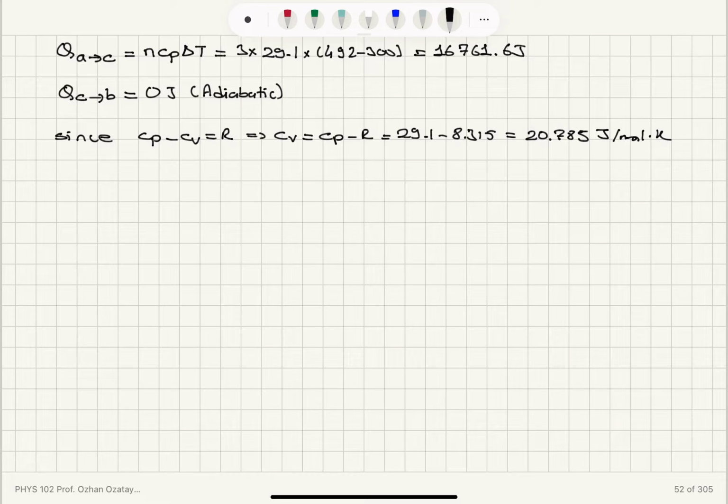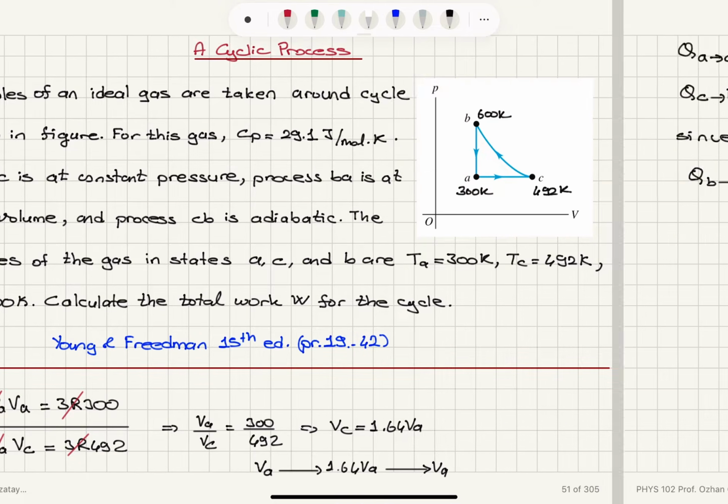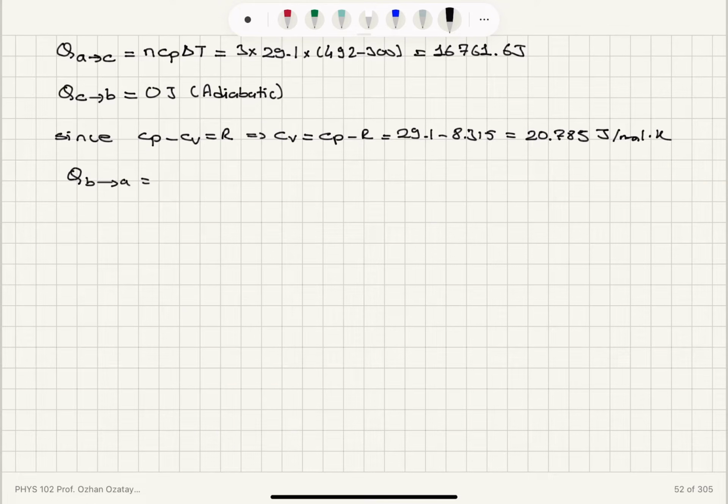So the heat added between point B and point A, and remember that part is isovolumetric, is nCV delta T because it's isovolumetric. So it's 3 times 20.785 times the temperature change.